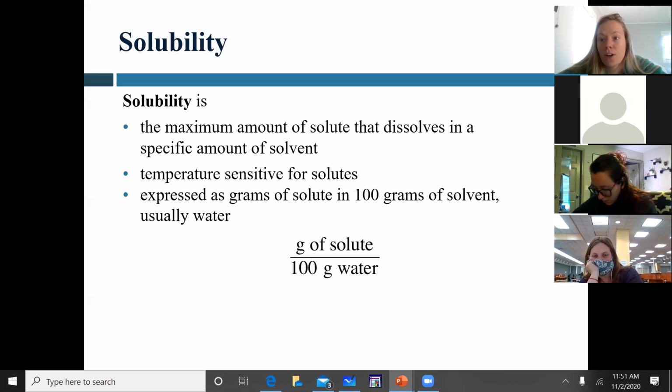At some point, you're going to max out the solubility, and you'll get salt just sitting at the bottom of your container. We're going to express this in grams of solute per 100 grams of, in this case, water. Solvent is usually water. Can you have solubility for other substances? Yeah, but what we're going to be talking about for most of this will be in reference to water.